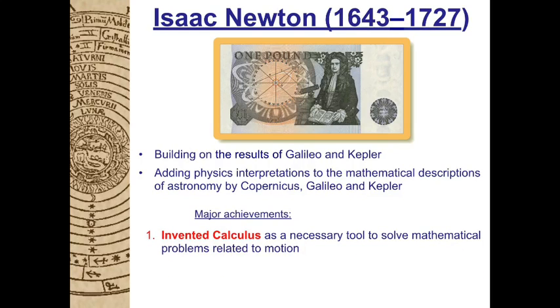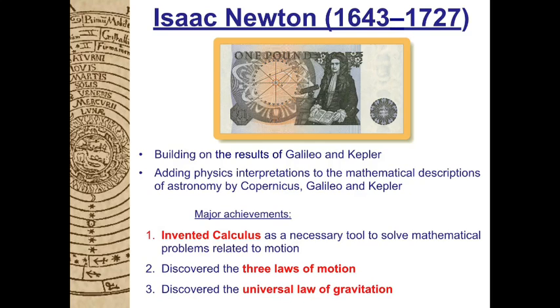Some of his major achievements, he had to invent a new form of mathematics to describe the motion. So he is credited with inventing calculus. He discovers the 3 laws of motion. And we looked at these 3 laws during the last unit, the unit dealing with physics. And he also discovers the universal law of gravitation.